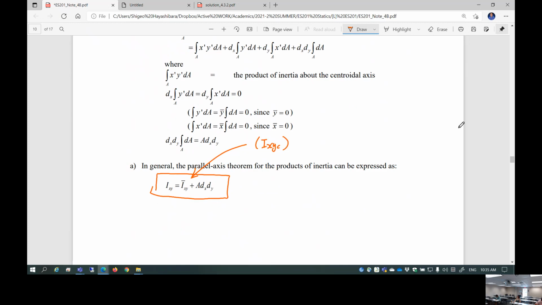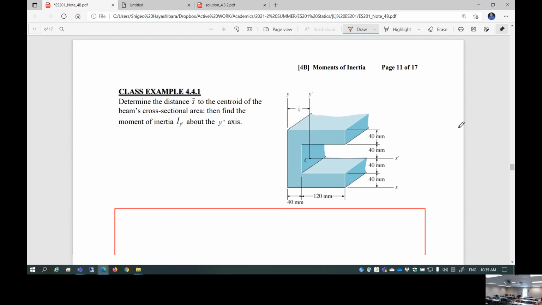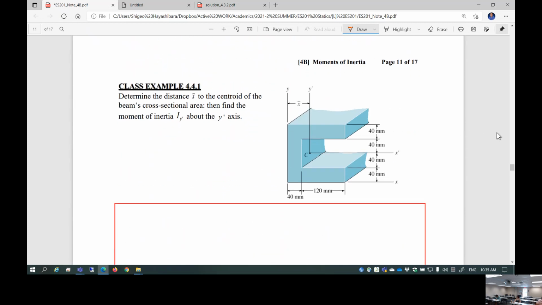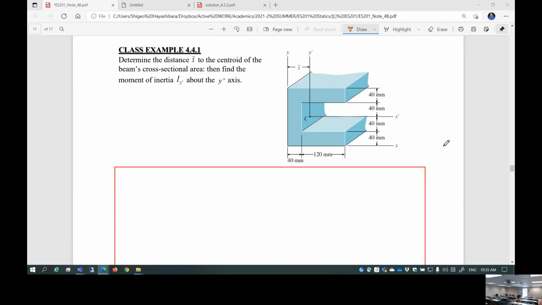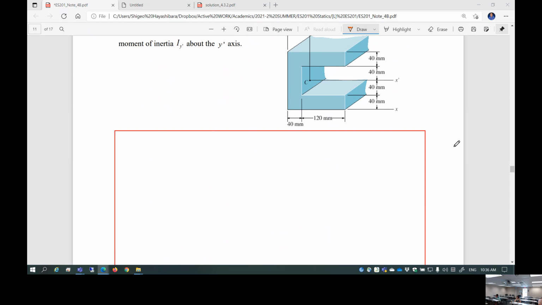All right, so let's take a look at a few example problems here. This is a composite body, example 4-41. Every time I do a composite body problem, I always make a table. This is called the table method. I keep doing this all the time.